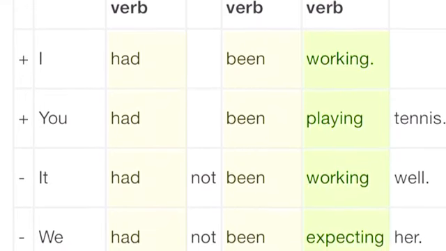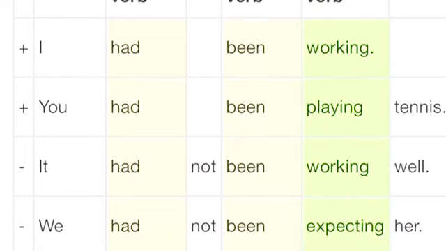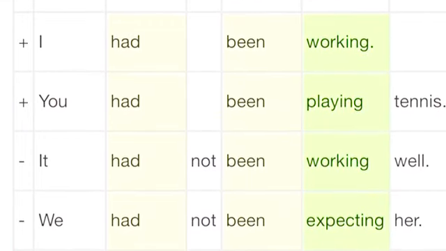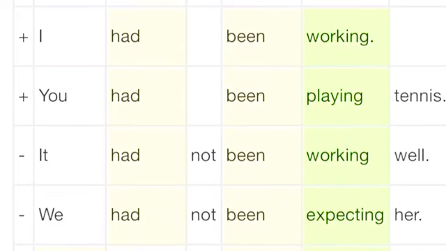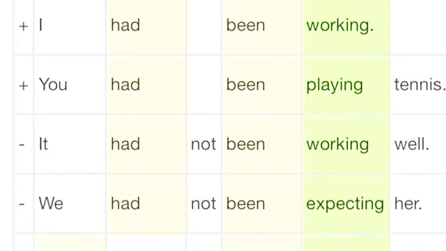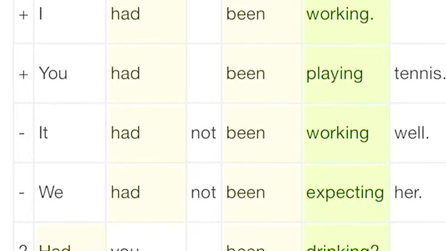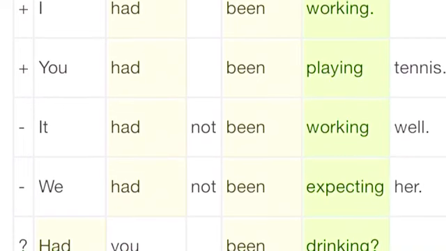Correct? Okay, next we have, you had been playing tennis. If you check out the negative sentence, for negative sentences we use not, so: it had not been working well. We had not been expecting her.